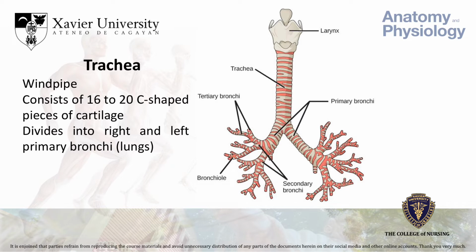It begins immediately inferior to the cricoid cartilage, which is the most inferior cartilage of the larynx. The trachea projects through the mediastinum and divides into the right and left primary bronchi at the level of the fifth thoracic vertebra. The esophagus lies immediately posterior to the trachea.